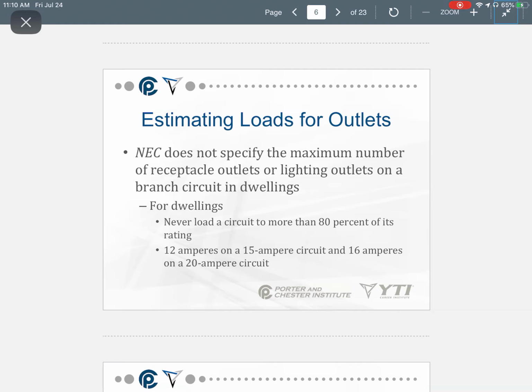for the new people, you see the term "dwellings." Just so you know, this is another one of those NEC terms that's going to come up again and again. You'll never usually see things like houses or residential mentioned. They'll call it a dwelling unit.